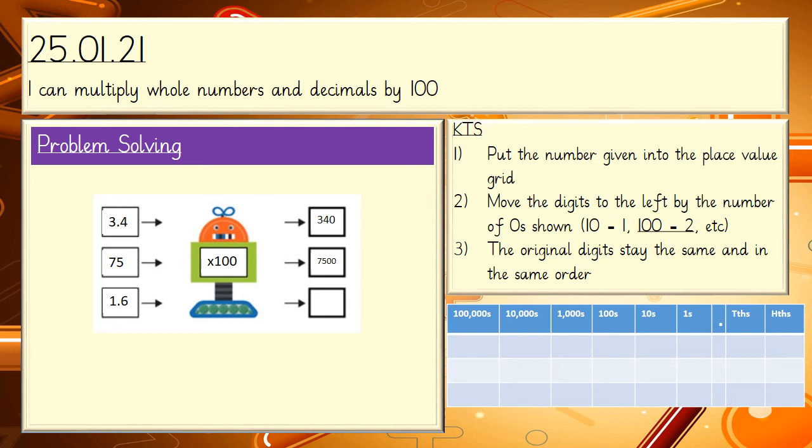You'd get 7,500, because the 2 digits need to move to the left twice. And then finally, 1.6 multiplied by 100, you would end up with 160.